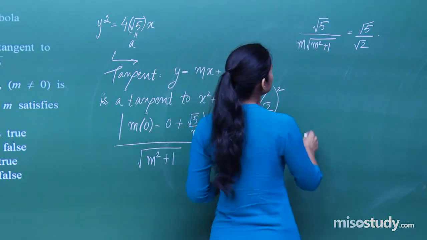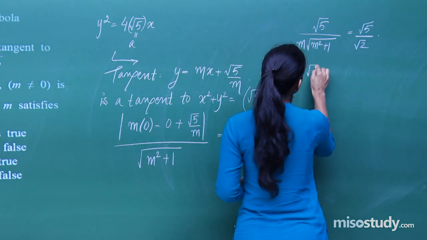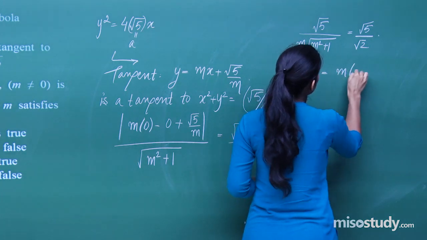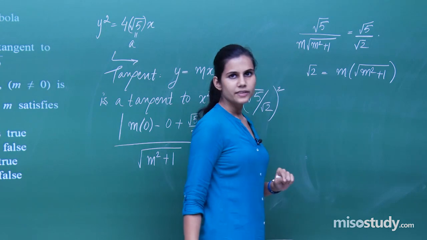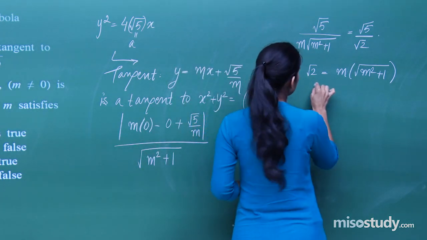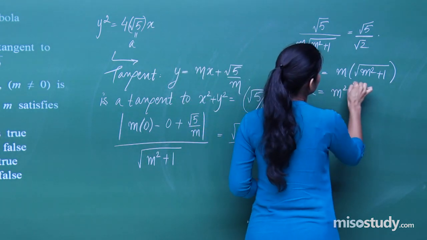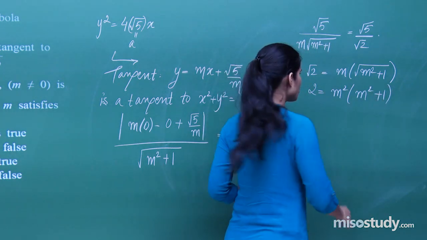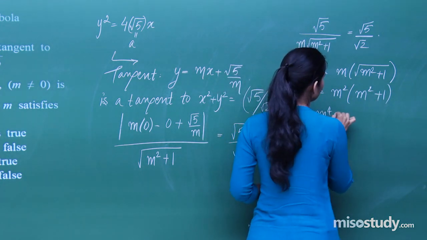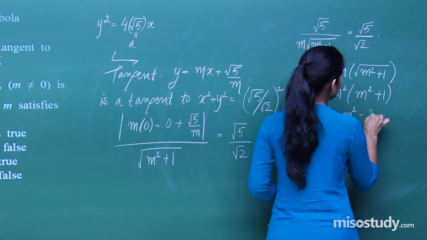Square both sides obviously, or you can just do this, that √2 equals m into root over m square plus 1. √5 gets cancelled out. When you square, you get 2 equals m square plus 1. So this gives you m to the power 4 plus m square minus 2 is 0.